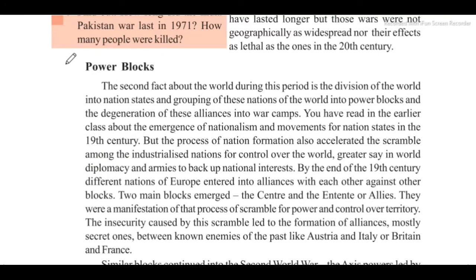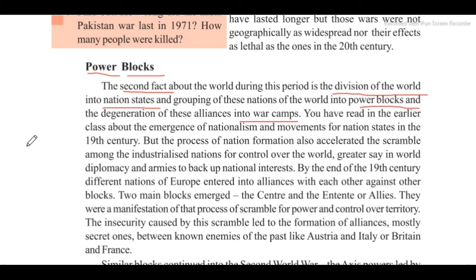The second important subtopic, the second part of this chapter: power blocs. The second fact about the world during this period is the division of the world into nation states and the grouping of these nations into power blocs and the degeneration of these alliances into war camps.